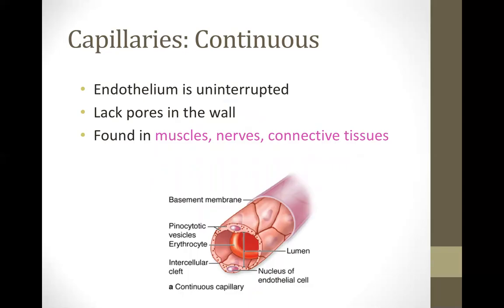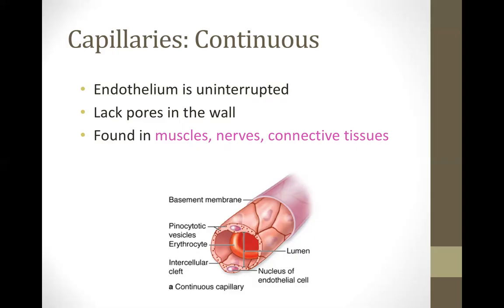Okay? Your endothelium that is uninterrupted is your continuous type of capillary. They lack pores in the wall and they are usually found in the muscles, nerves, and connective tissue. Okay, it has no pores.